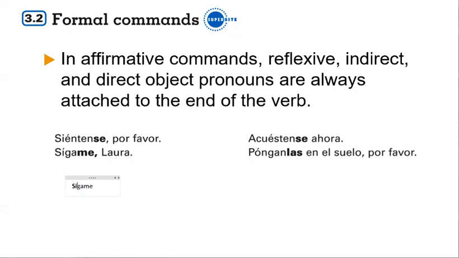I know I can't see it that well, but there is an accent mark on that I, as you can see here probably a little bit better. But this is sígame. We have to put the accent mark on it because it breaks the rule of what we expect the stressed syllable to be. Our stressed syllable should be the second to last syllable when it ends with a vowel, N or S. And when it's not, we need to write the accent mark to show that.